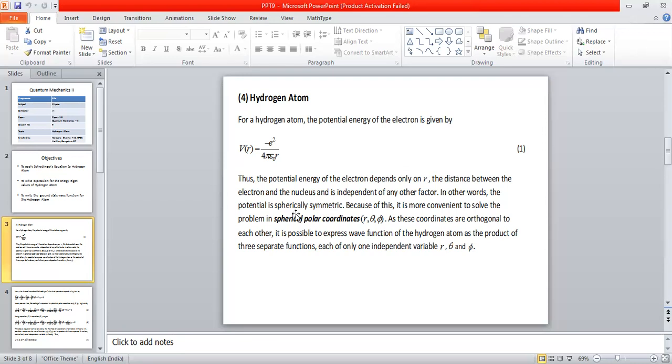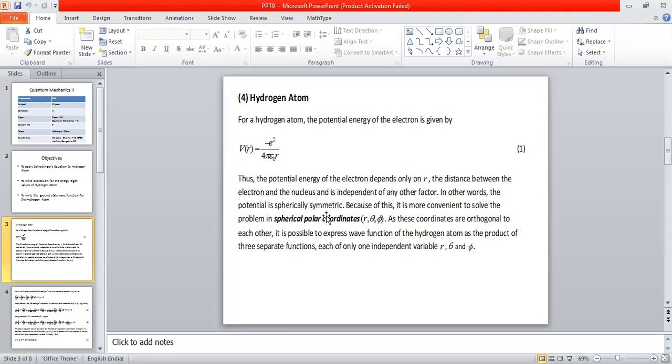Our hydrogen atom is an example of a spherically symmetric case. Why is it spherically symmetric? It is because the potential defined by equation 1 is spherically symmetric, since the potential energy of the system depends only on the distance and does not depend on any other factors. Therefore, the potential function of the electron around the nucleus possesses spherical symmetry.